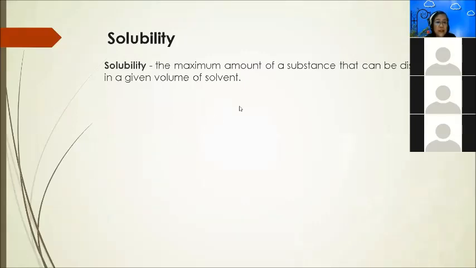So imagine that you are adding salt or sugar into water and then you stir, nadi-dissolve pa as you keep on adding. Pero you expect that darating ang time na even if you add more salt, the same amount of water ha, hindi nyo dinagdagan yung water, you will reach a point where even if you add more salt, you can no longer dissolve.